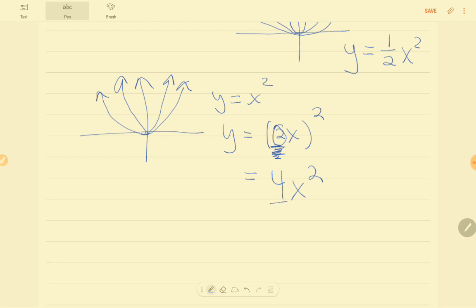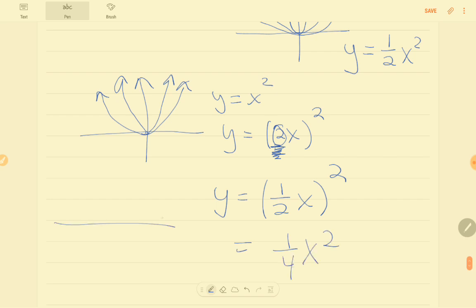But it also can be viewed as a vertical stretch once you simplify it. We also had the opposite effect, 1/2 x quantity squared would give you 1/4 x squared if you simplified it. So if this was your original parent function, then you would have something getting squattier, shrinking. You could either call that a vertical compression, or when it's in this form, you would view that as a horizontal stretching effect.